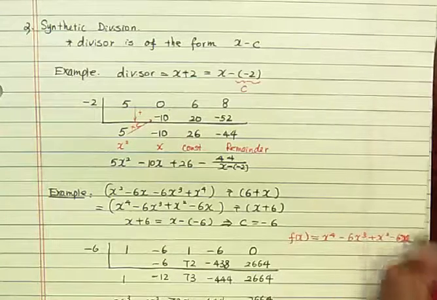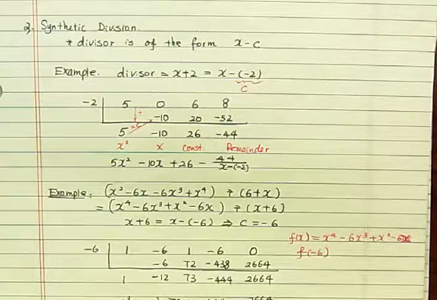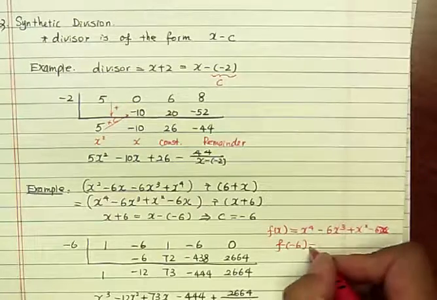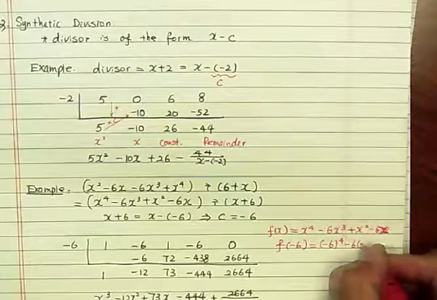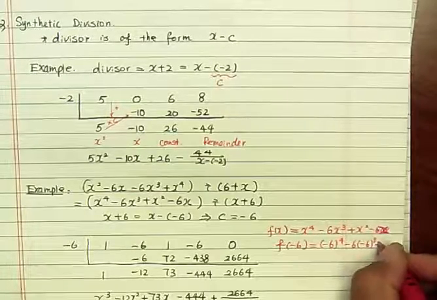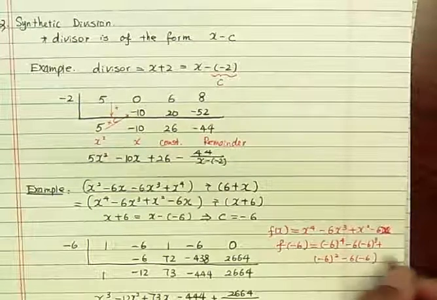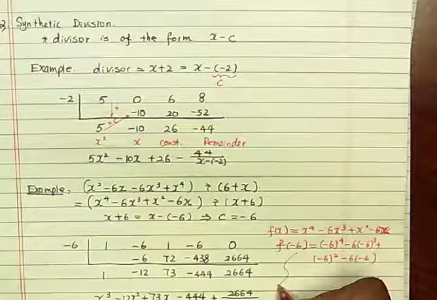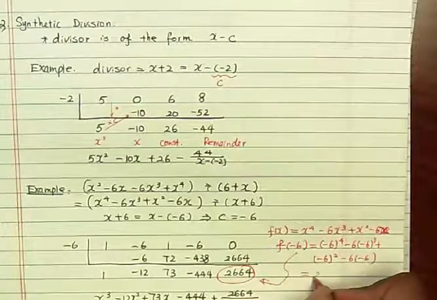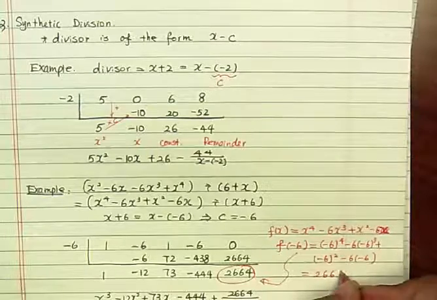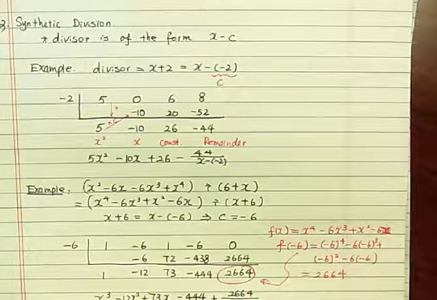If I evaluate f of negative 6, by the function definition, that's negative 6 to the 4th minus 6 times negative 6 cubed plus negative 6 squared minus 6 times negative 6. After you do the evaluation, indeed, this is exactly the same as the remainder, which is 2,664. You can plug that into your calculator to check if that's true.